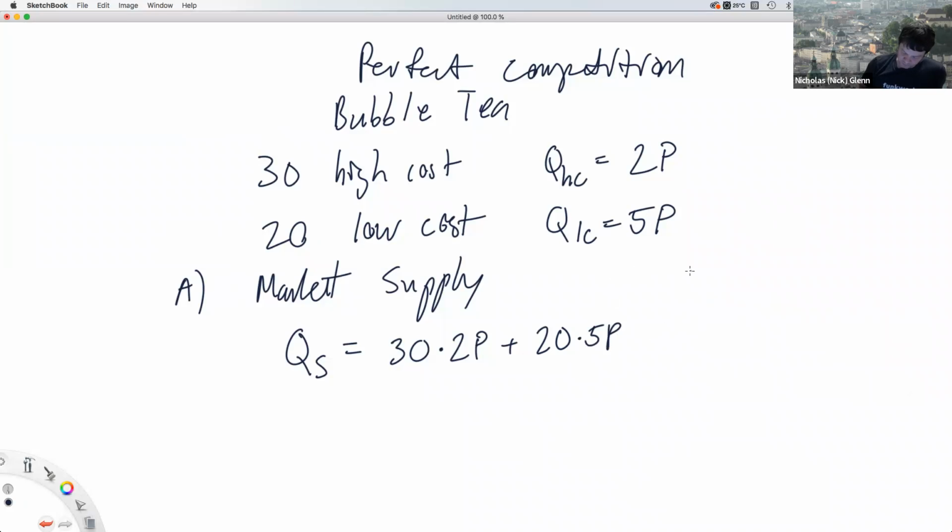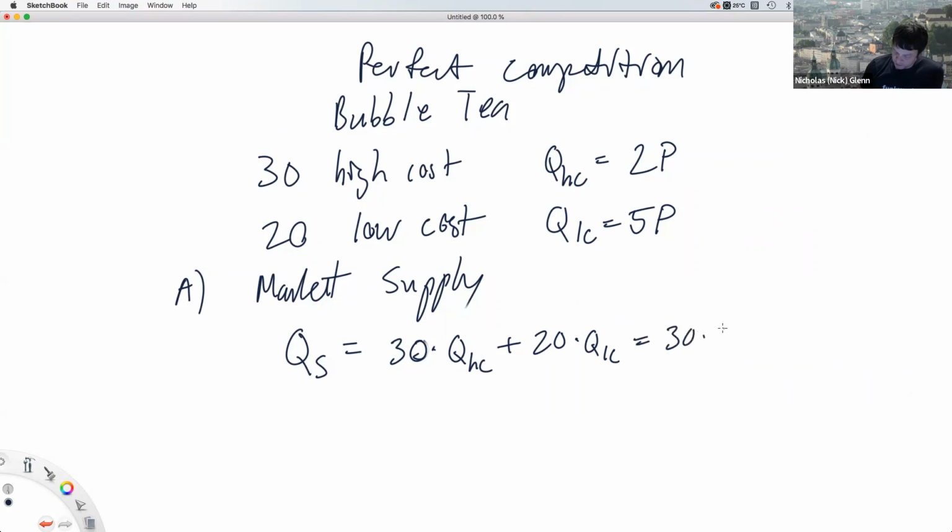Okay. Well, maybe I should have written that so you can see exactly what I'm doing here. Let me rewrite this. What I'm doing first is taking this 30 and multiplying it by these high cost firms. This will give us our total supply that comes from them. And then we want to get the total supply that comes from these low cost firms, so we'll take the 20 and multiply it by the quantity these low cost firms produce.